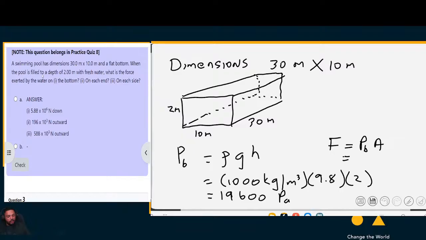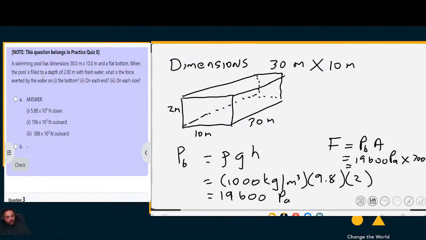In this case, it's 19,600 pascals multiplied by the area of the bottom of that pool, which is 10 by 30, so 300 square meters.